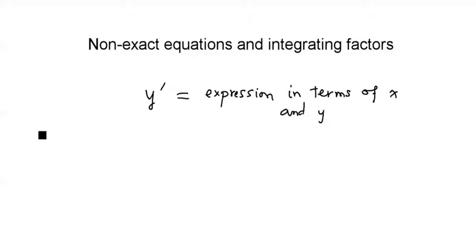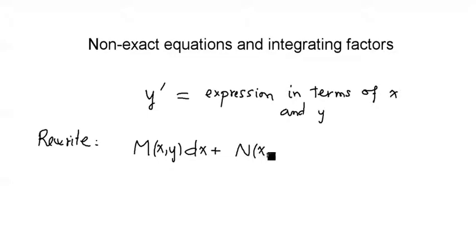But then, as before, we rewrite the equation into the differential form: M(x,y) dx plus N(x,y) dy equals 0.